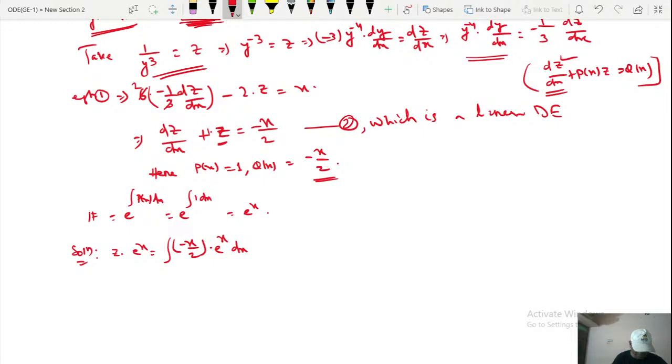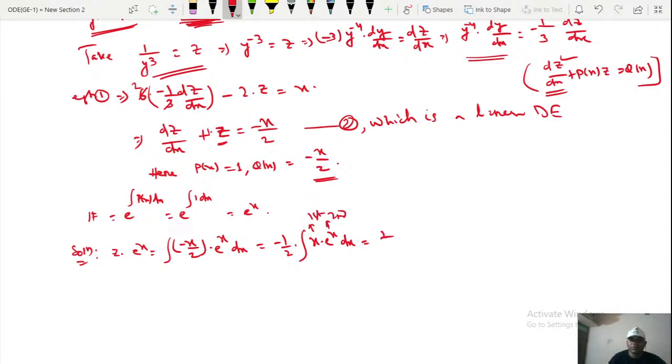So what will you get? What is the right hand side here? Taking minus half outside of the integration, this is x into e to the power x dx. So what is the integration of this one? By Euler formula, this is the first one, this is the second one.